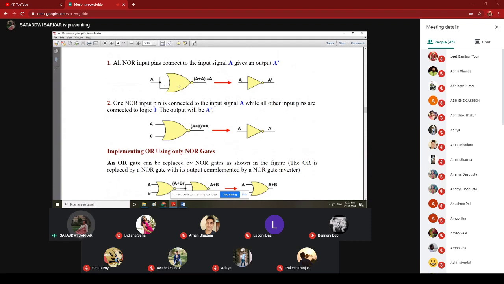So this is the complemented OR, that is the NOR symbol is here, and if we input A, then we will get the complemented output, that is A plus A whole bar. So it is A bar. As we see here, the output is like a NOT gate, a complement.